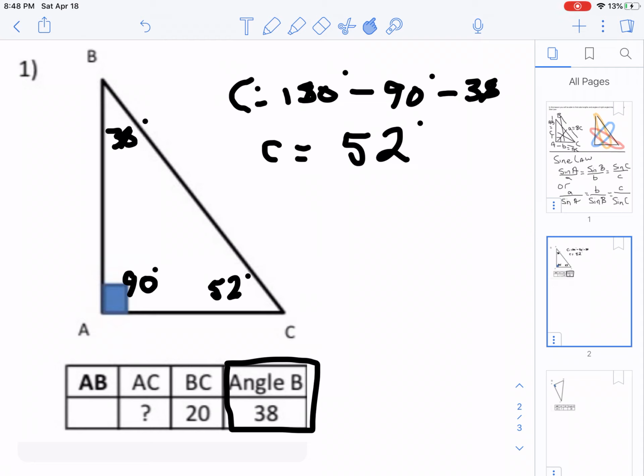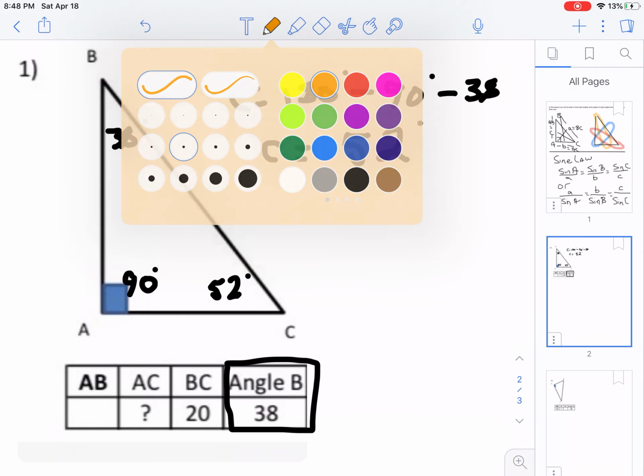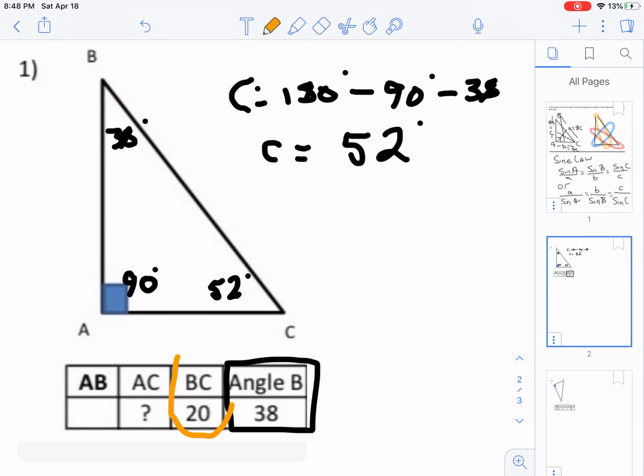Now let's label the other information that we have. It tells us that side BC is 20. So what we have to look at are the opposite angle and side, and we know that those two go together. Now let's look at what the question asks us.